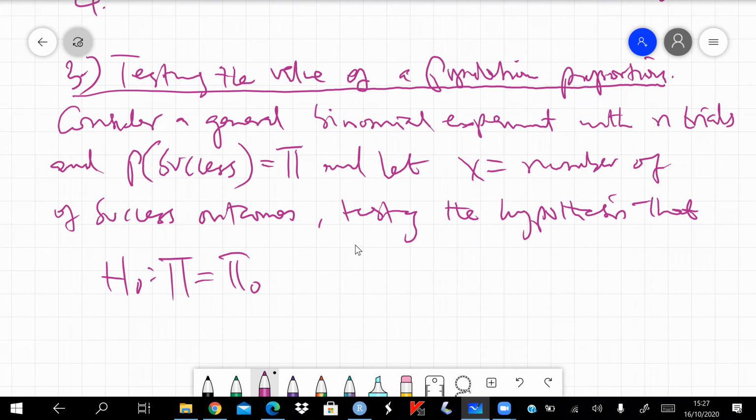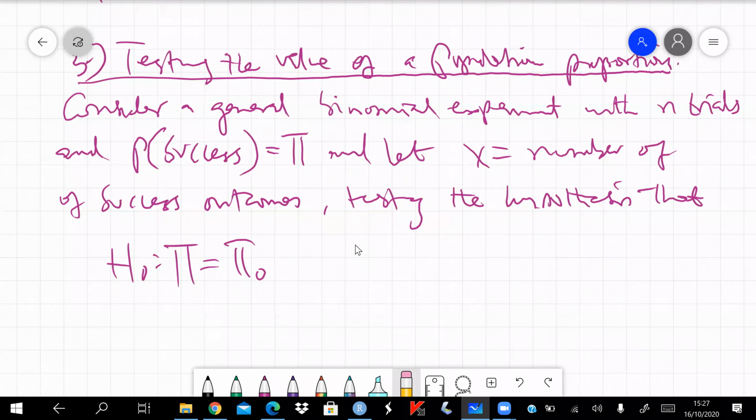That's analogous to this, mu is equal to some mu naught. It's analogous, so it's the same. It's only that now we're using different symbols because we're in a different distribution.